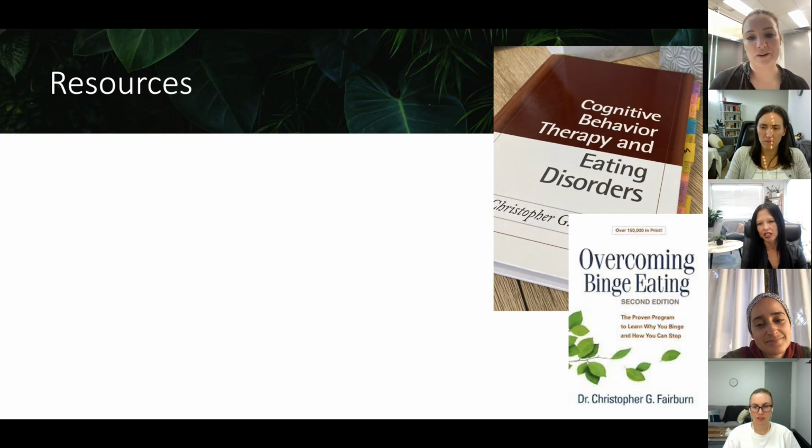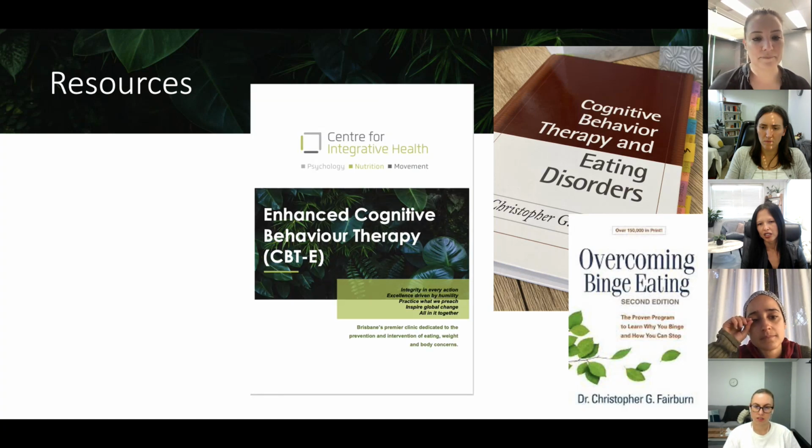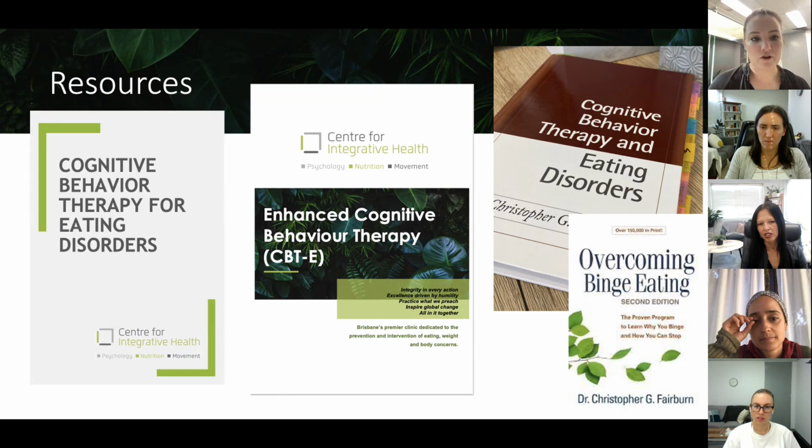I think before you give it to someone, it is helpful if you've read it and skimmed through it, so you can anticipate whether it'll be appropriate or how you might have to preface that book before giving it to a patient, keeping in mind some of the issues that might come up while they're reading it. We also have our treatment folders and our clinician CBT-E books to accompany our practice.